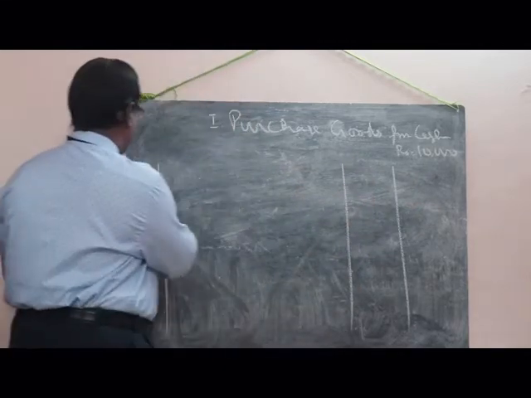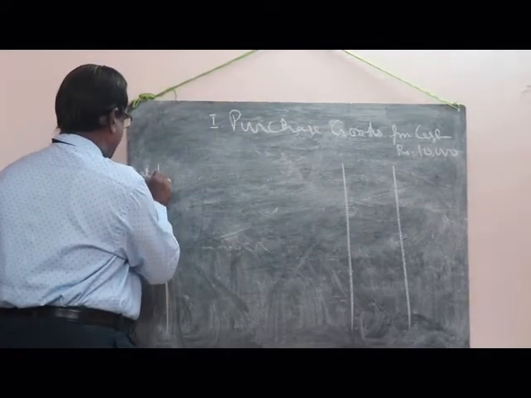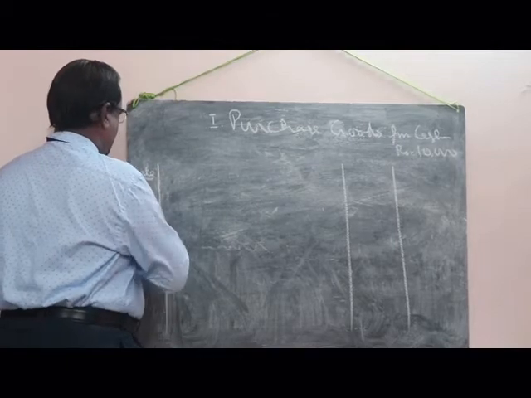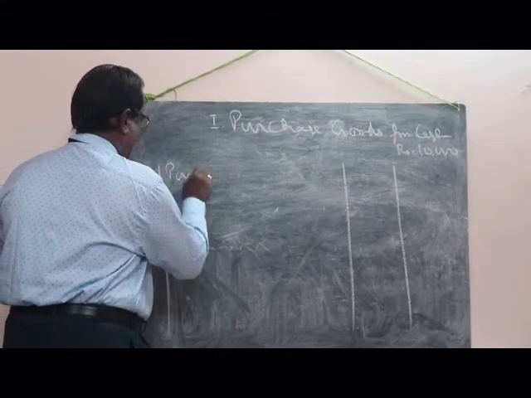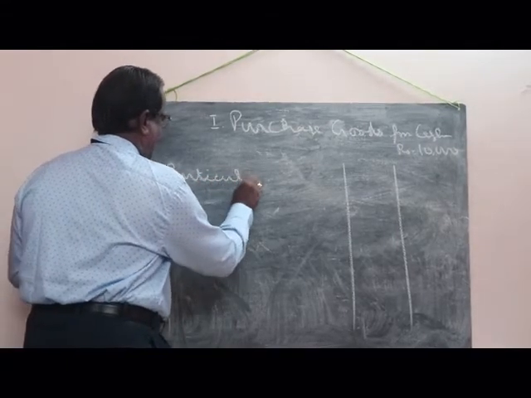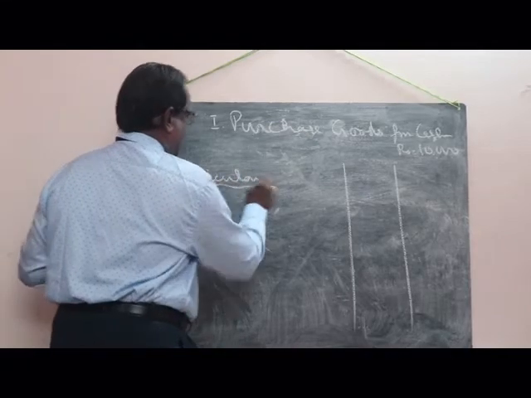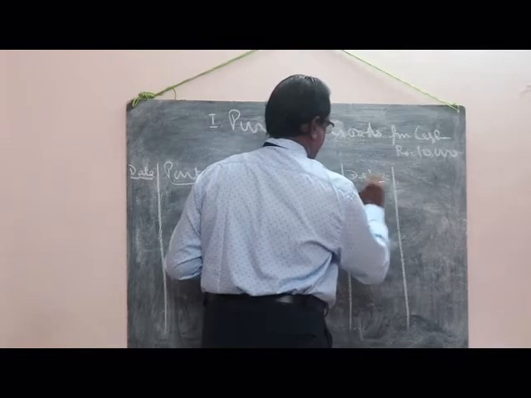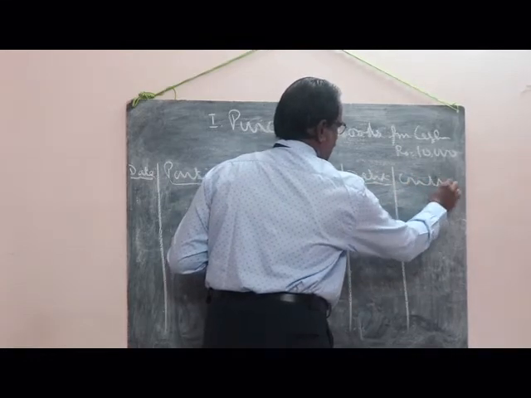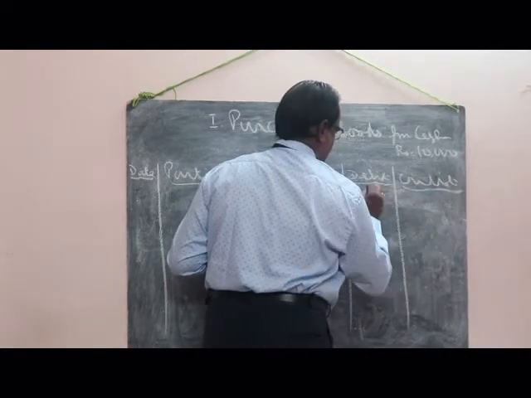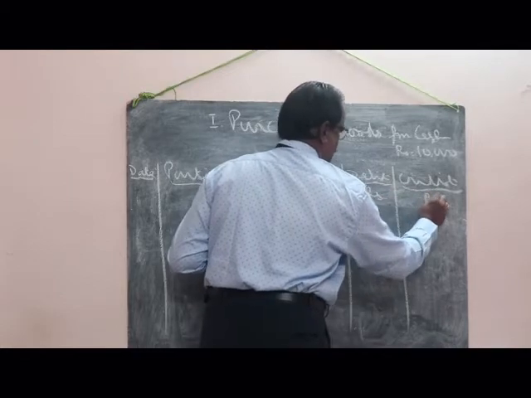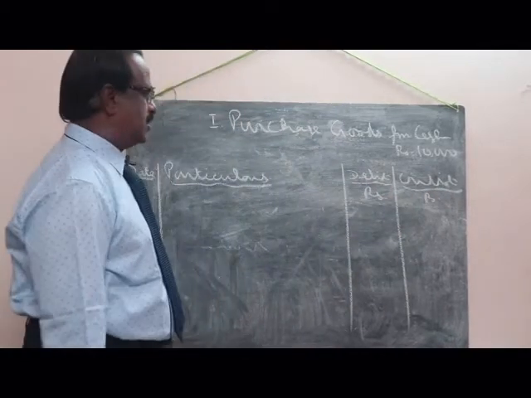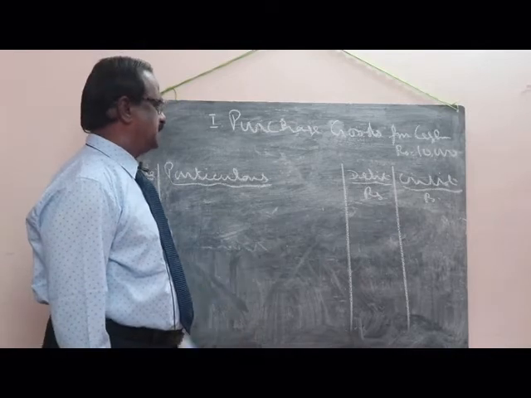So you must write date, next, particulars, then debit, then credit, rupees. Okay.